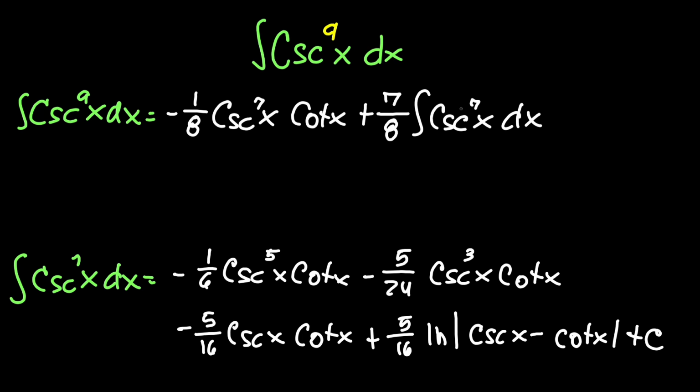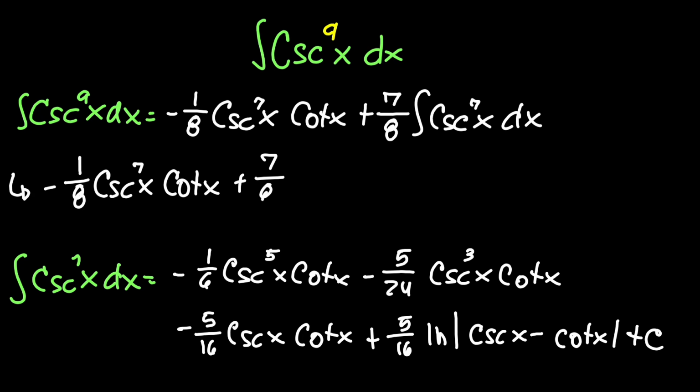So we will just be substituting it into this one right here in order to get our answer. So for our answer in here, it would be equal to this one. Plus 7 over 8, and let's put a bracket which represents the value of the integral of this, which is this one.